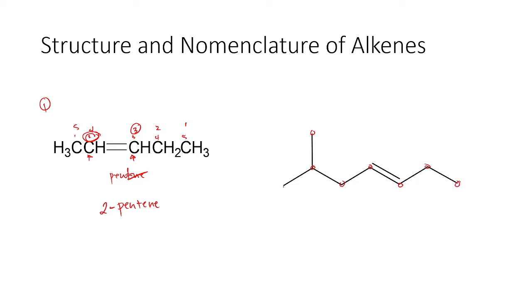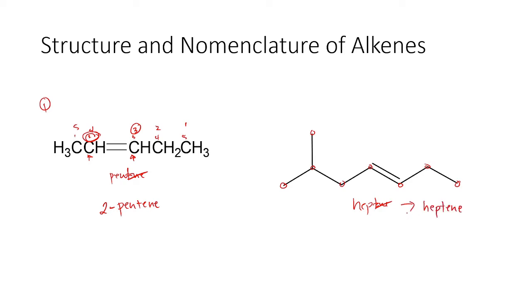Same for this one, so this is 1 plus the 6 carbon atoms. So if we don't consider the double bond, as I said, we have 7, so that will be heptane. Okay? We just need to change that "-ane" to "-ene", so we will have here heptene.